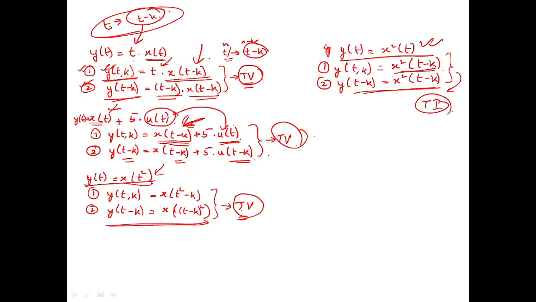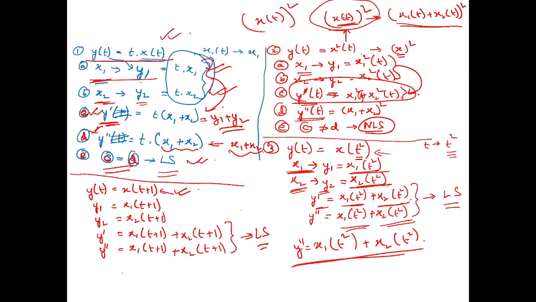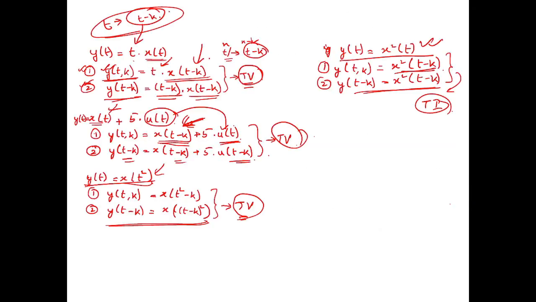So in the previous case, it was a linear system. Here it is a time varying system.